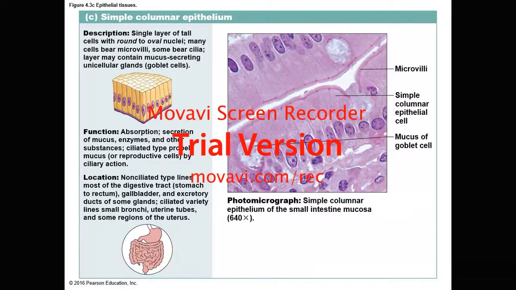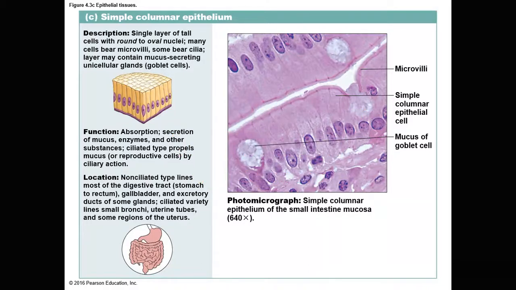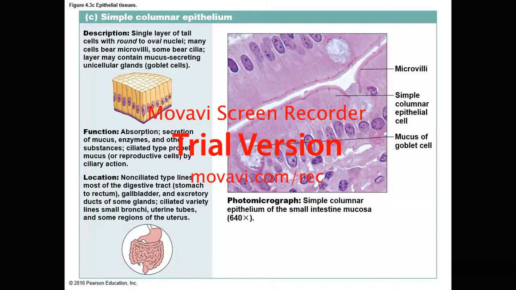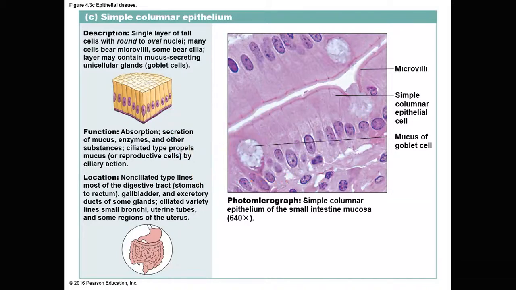So the function of this simple columnar epithelium is absorption and secretion of mucus, enzymes, and other substances, and it can be ciliated to propel the mucus by ciliary action. The non-ciliated types line most of the digestive tract, from the stomach to the rectum, the gallbladder, and excretory ducts of some glands.